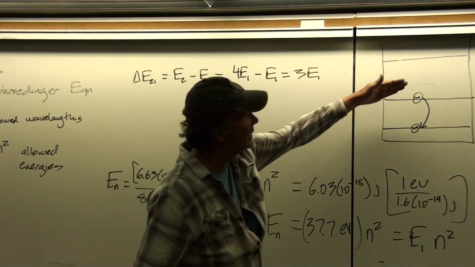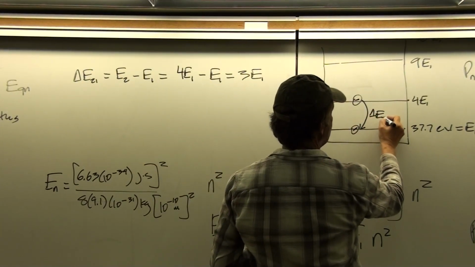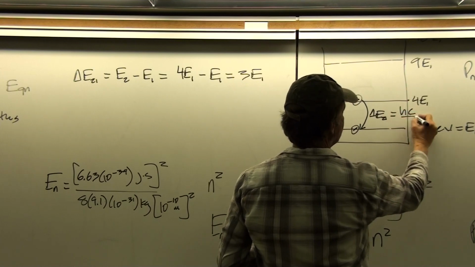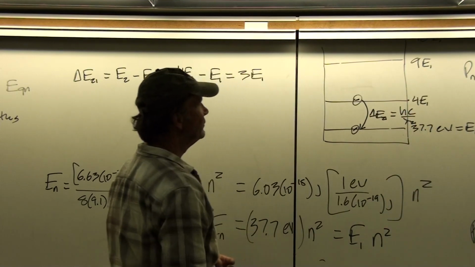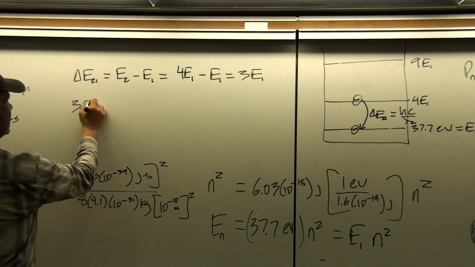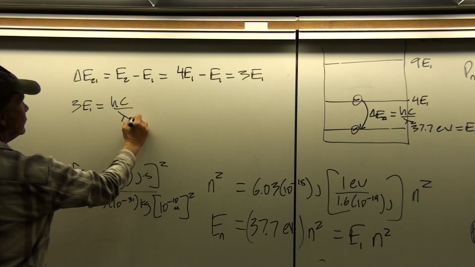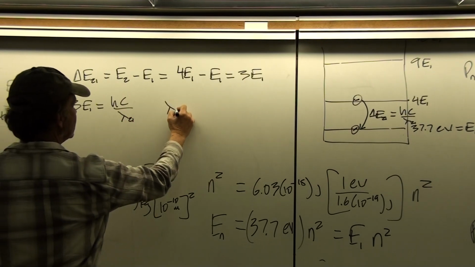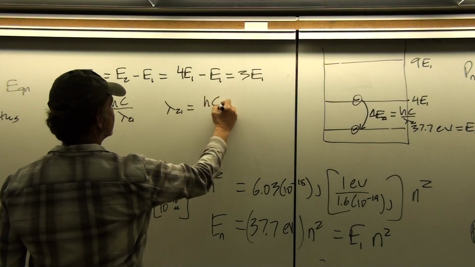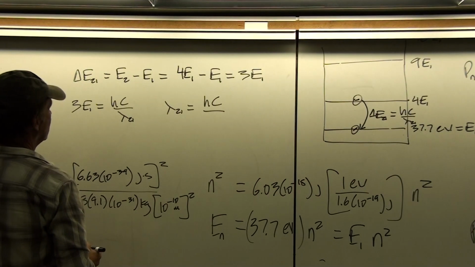That's the difference in energy between these two. That's delta E21, and that's going to equal hc over lambda 2,1, because that difference in energy would have to be accounted for by a photon being given up. So 3E1 equals hc over lambda 2,1, or lambda 2,1 is hc divided by 3E1.